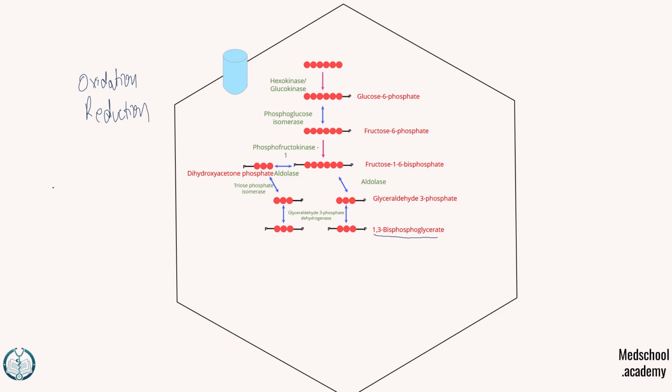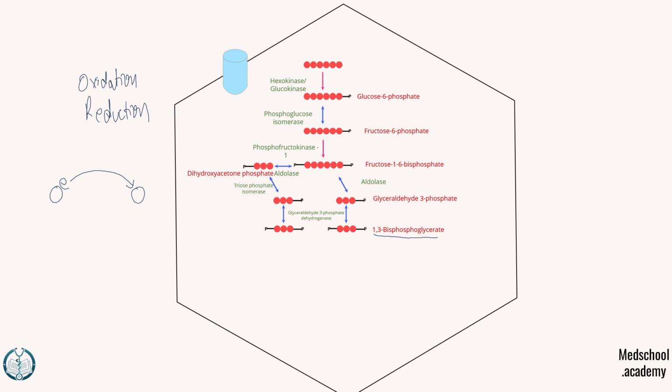It basically means, let's say we have a molecule here and a molecule here. One of the molecules has an electron and the other one doesn't. The molecule that donates it is called oxidation, and the one that receives it is called reduction. So this electron basically ends up right here, and this is known as the oxidation-reduction reaction.